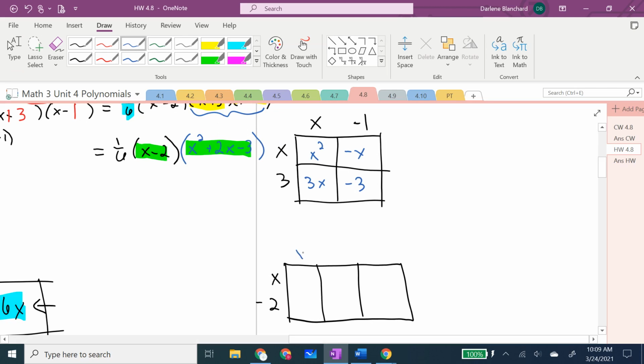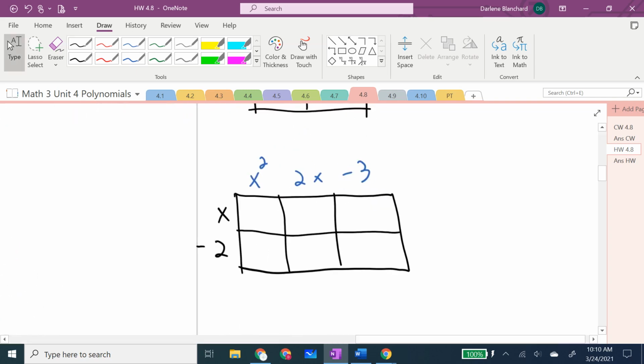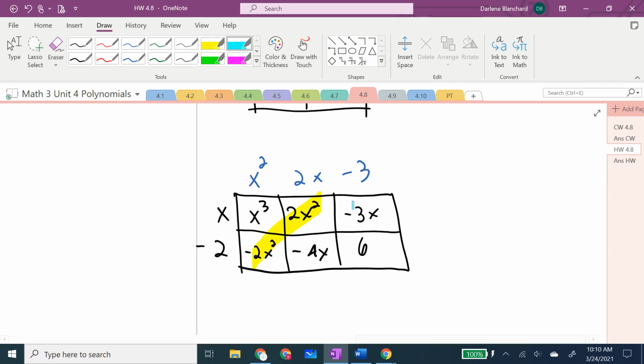Alrighty, I've got the x squared plus 2x minus 3. And then multiplying x cubed, negative 2x squared, positive 2x squared, negative 4x, negative 3x, positive 6. My like terms are nicely diagonal.